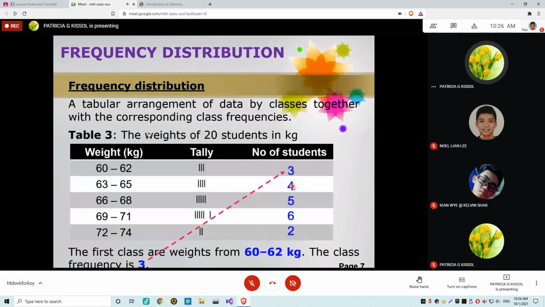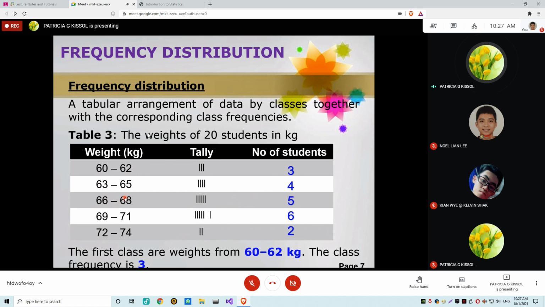You see here, this is the data that I have. Yeah, 60 to 62 as the first category, 63 to 65 as the second category. So I'm focusing on 66 to 68, okay? Now you see here, we know 66 is the lower class limit, 68 is the upper class limit.